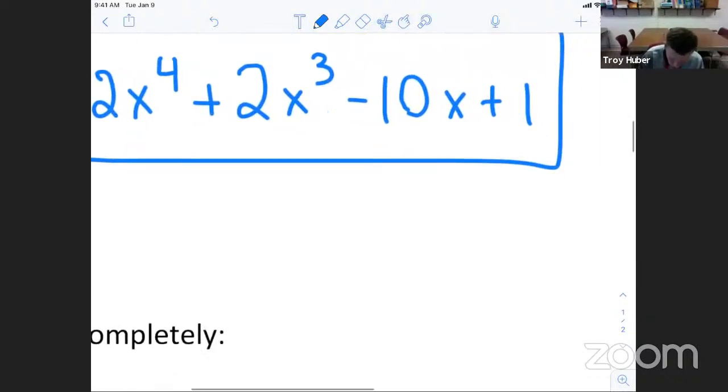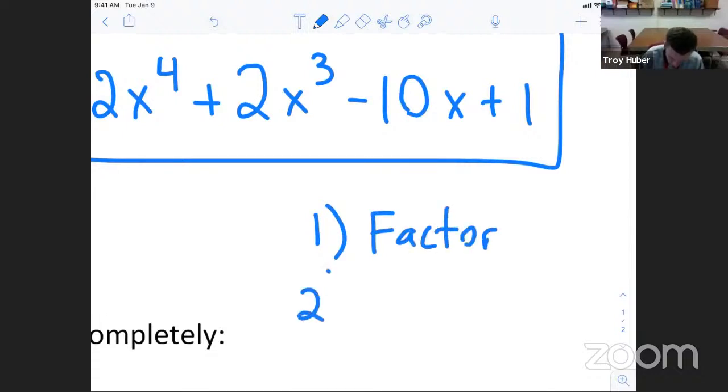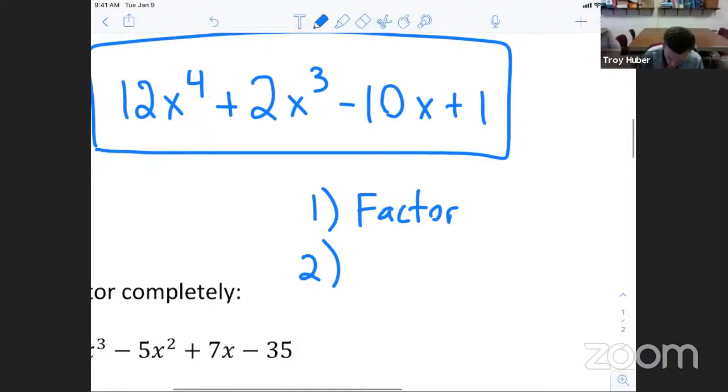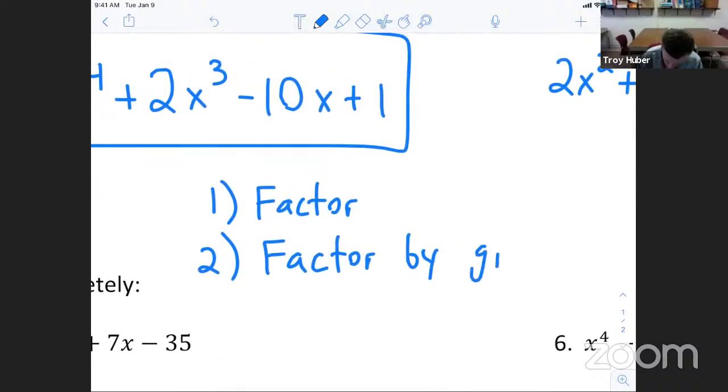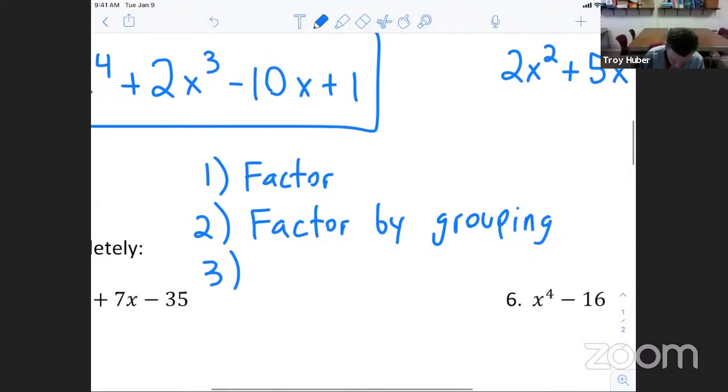All right, first of all is when we just factor normally. Second, we're going to do factor by grouping. And third, we're going to do difference of squares.